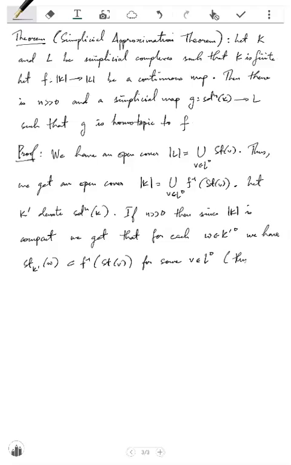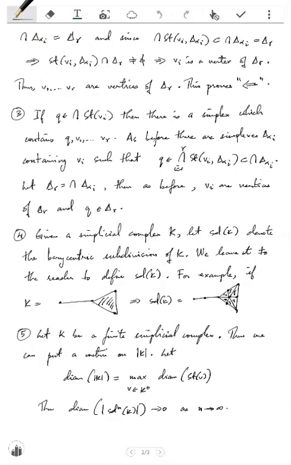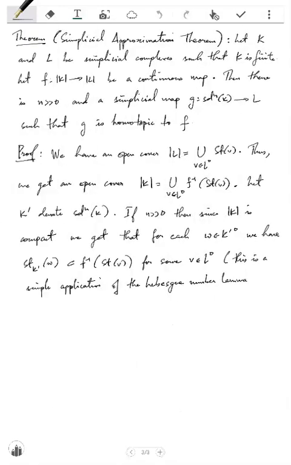So this is a simple application of the Lebesgue number lemma. And observation 5.